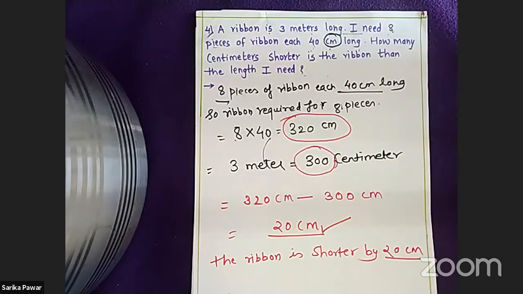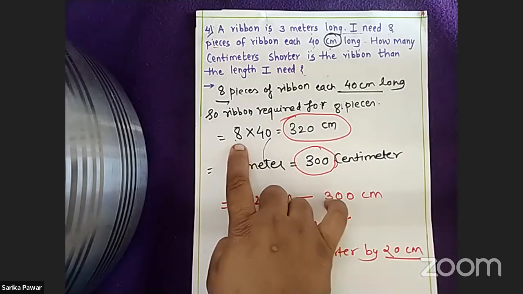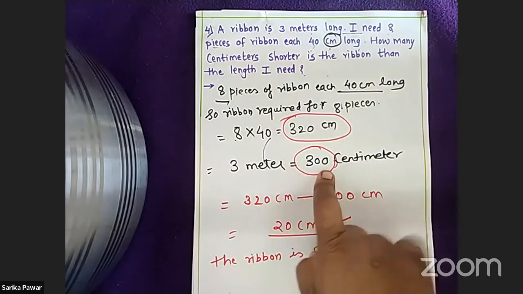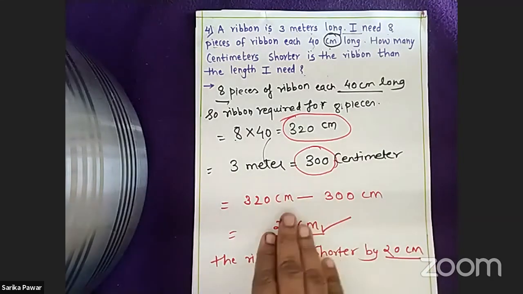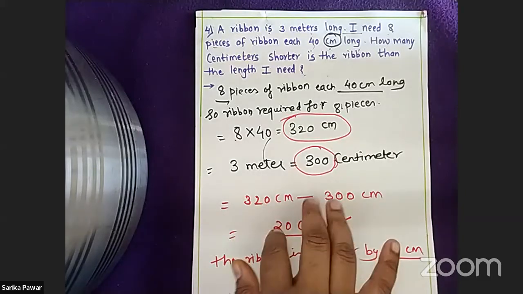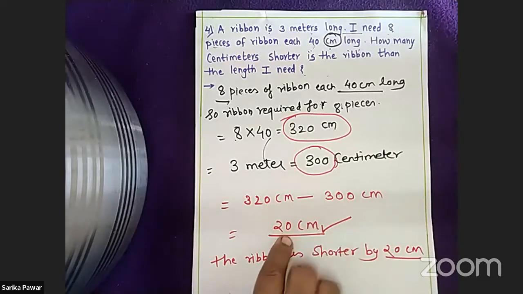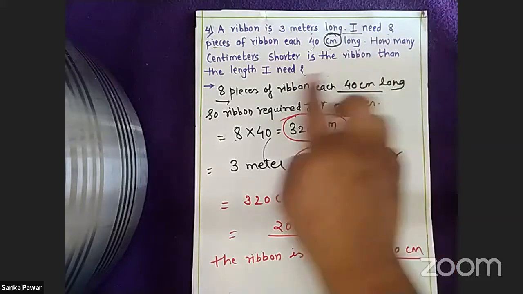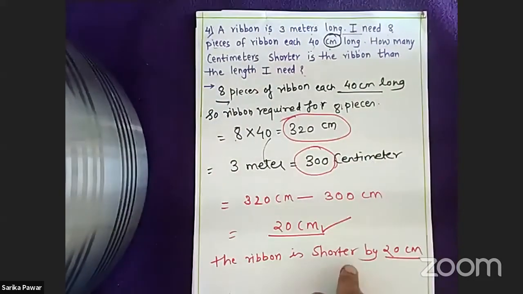Very simple it is. First we find the length of 8 pieces, and the given ribbon is 300. We just subtract, and after the subtraction you will get the answer: the given ribbon is shorter by 20 centimeter.